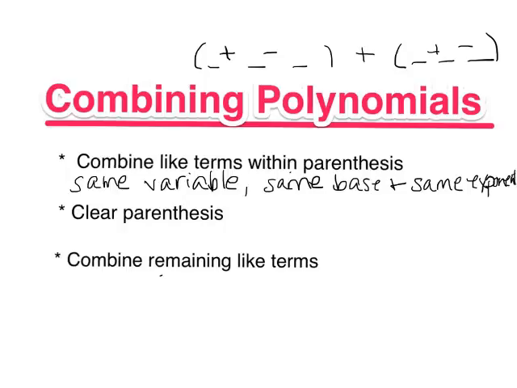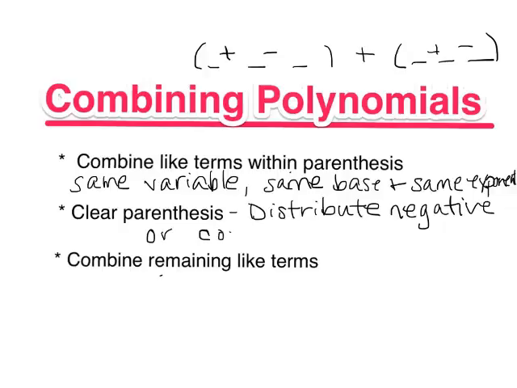So once you've combined those within each group of parentheses, the next step is to clear out your parentheses, and you do that by using your distributive property. You would distribute a negative or constant to each term.